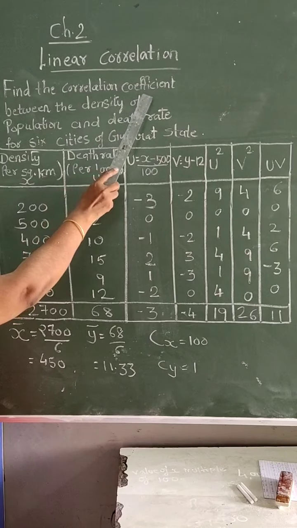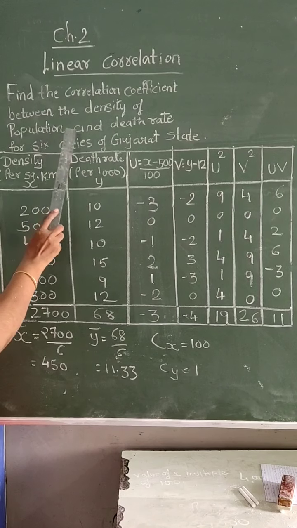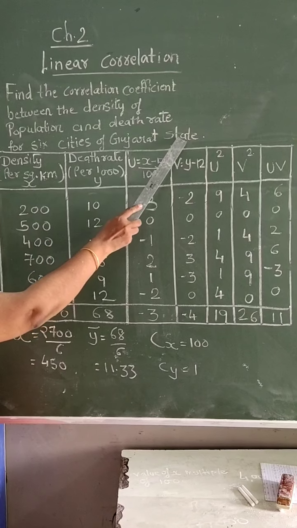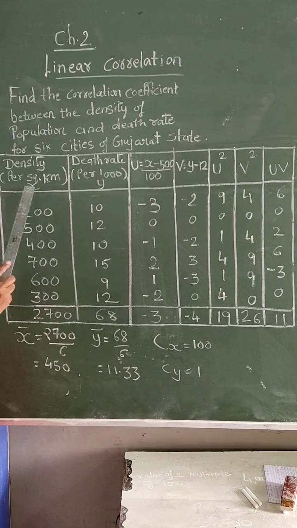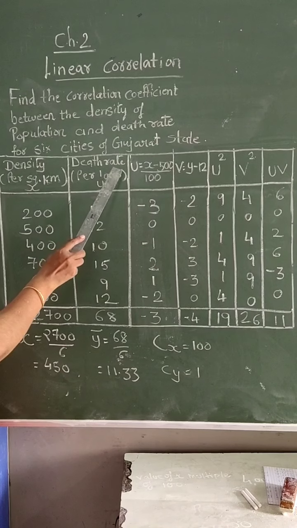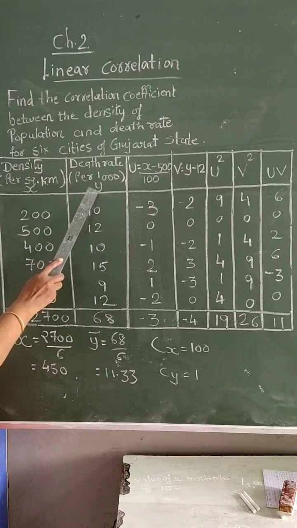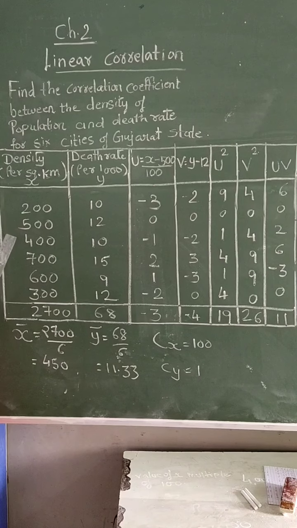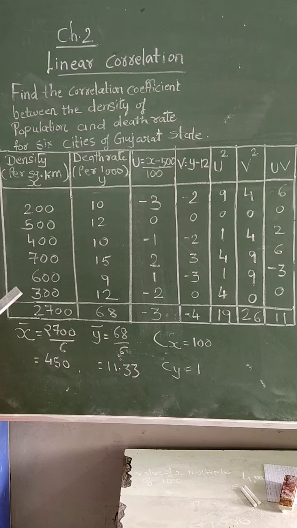Find the correlation coefficient between the density of population and death rate for 6 cities of Gujarat state. The data is given: density per square kilometer, variable x, death rate per 1000, variable y. Now see variable x: 200, 500, 400, 700, 600, 300.